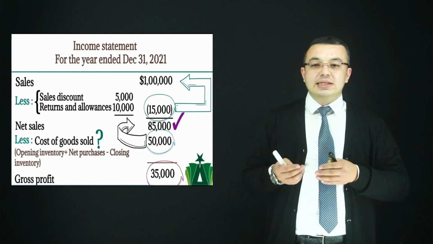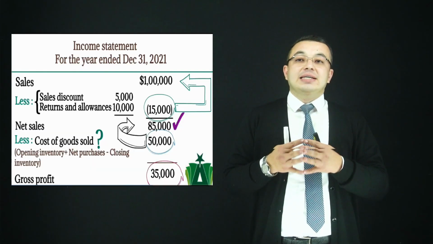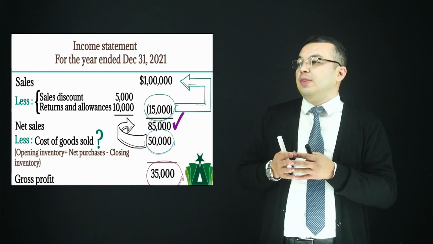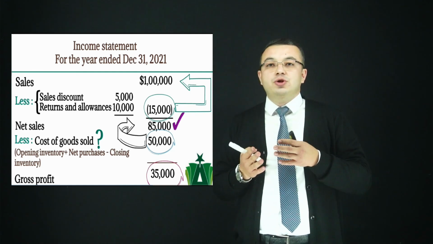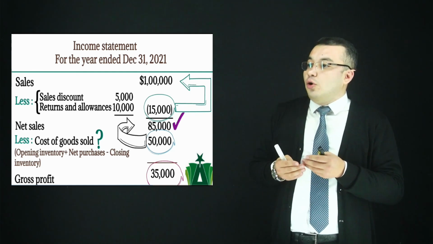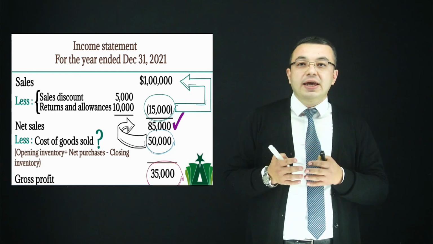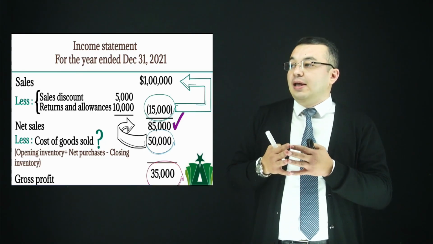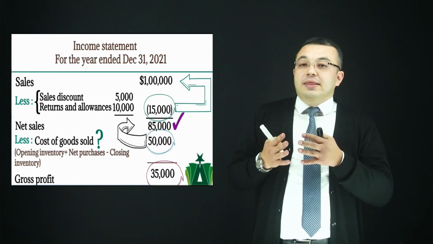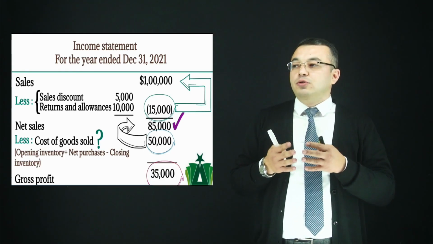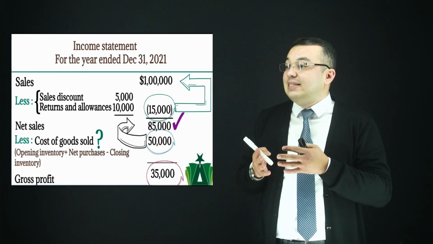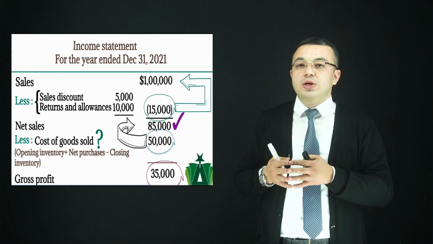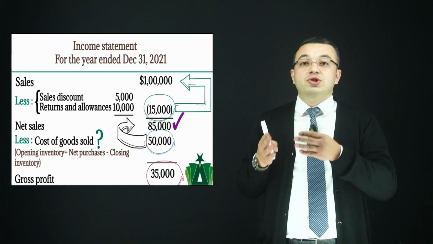Okay, now we will see a more complicated example. For instance, the income statement for the year ended December 31st, 2021. The total amount of gross sales, you can see, is $100,000, less the total amount of sales discounts and returns and allowances, which is $15,000, deducted from the gross sales.